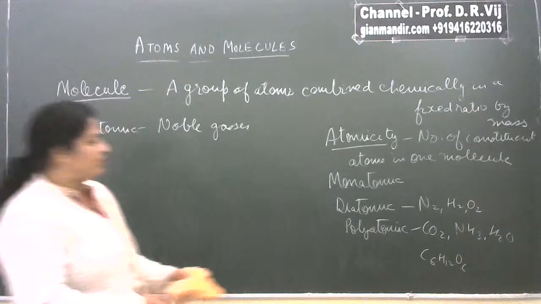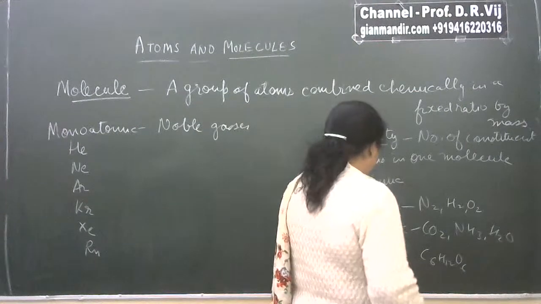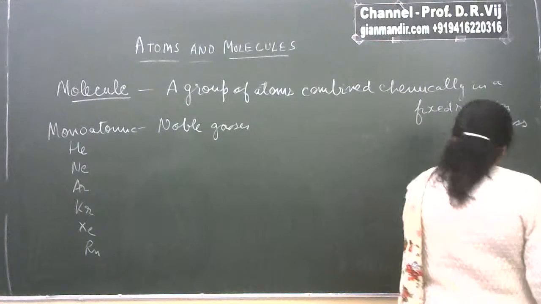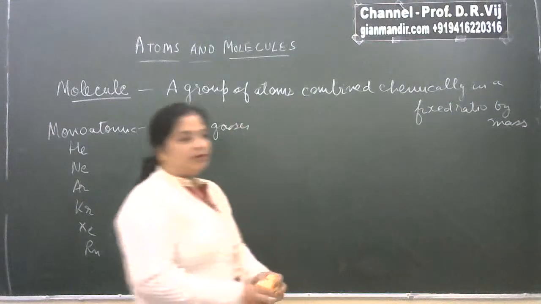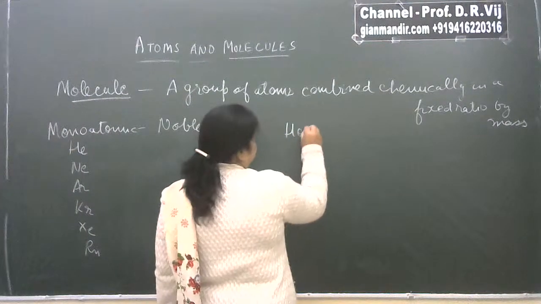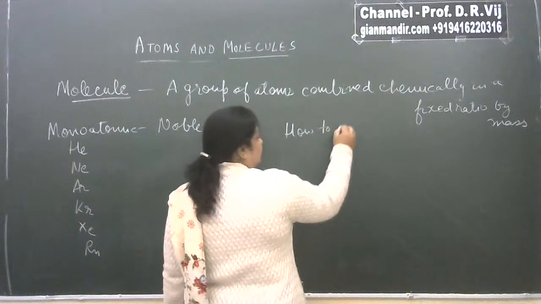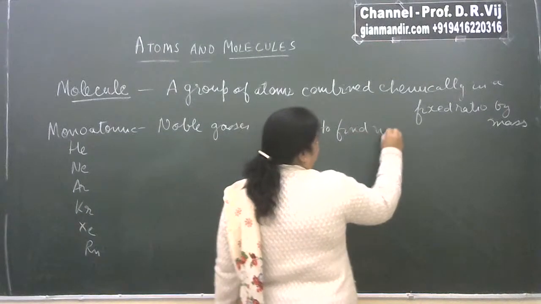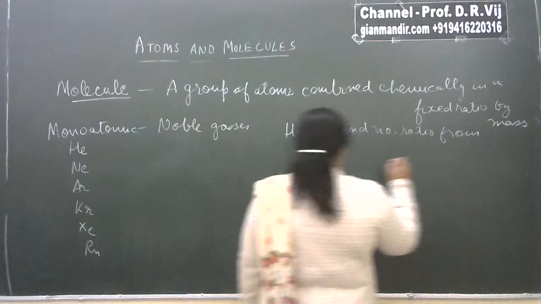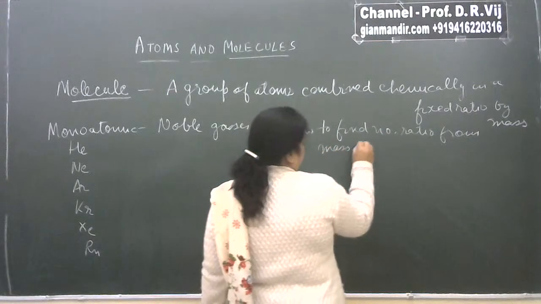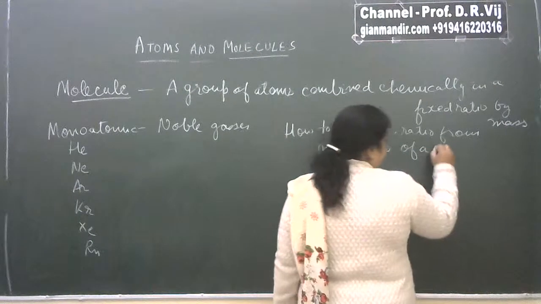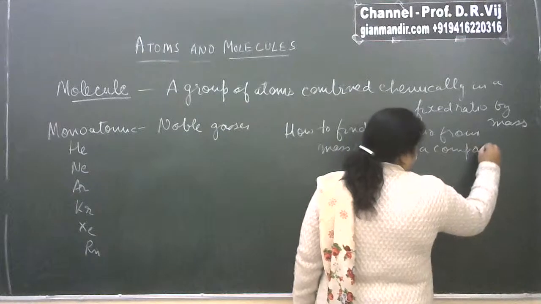There is another important exercise here: how to find the number ratio or molecular formula of a compound by using the mass ratio. How to find the number ratio from the mass ratio of a compound.